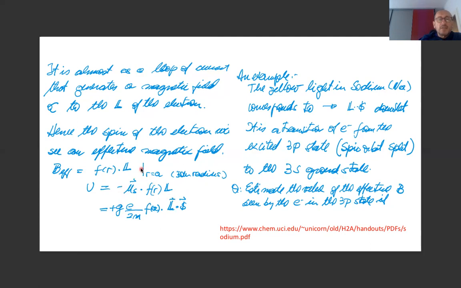I'm just going to say that the effective field is a function of R, and to be fair, I should put L here too. This function of R and L is a scalar function. It's not a vector, and it should be evaluated at the Bohr radius.